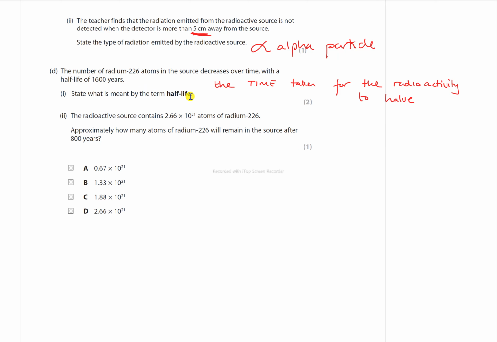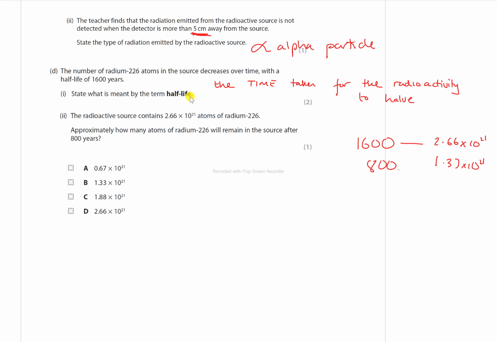So 1600 years, okay? So in 1600 years it halves, but they've only used 800 years. So we start with 2.66 times 10 to the 21. If it was a half-life, it would end up as 1.33 times 10 to the 21.